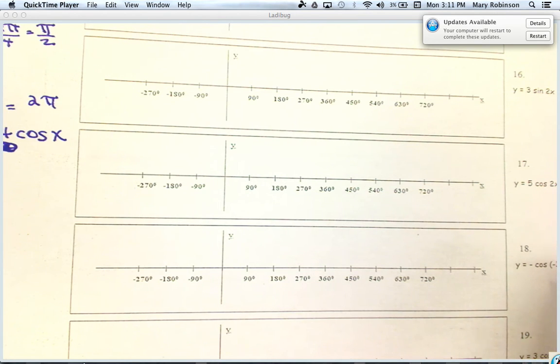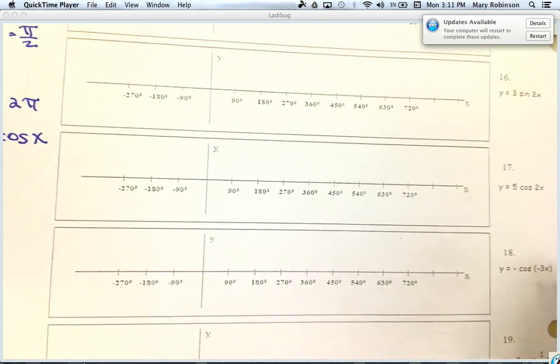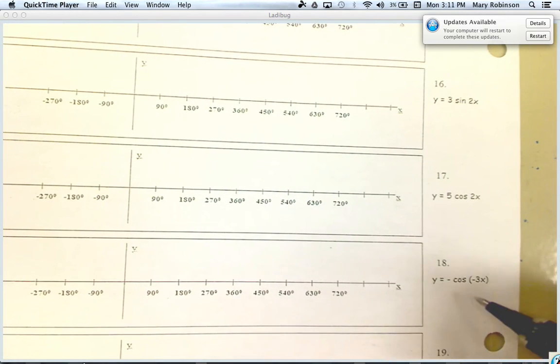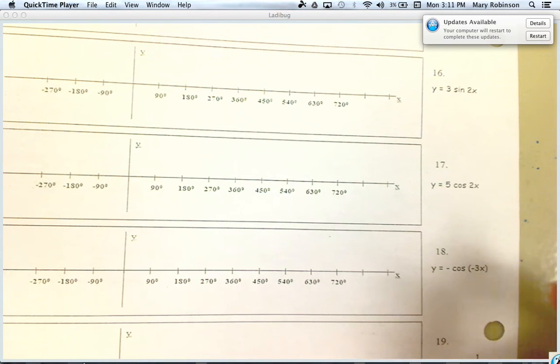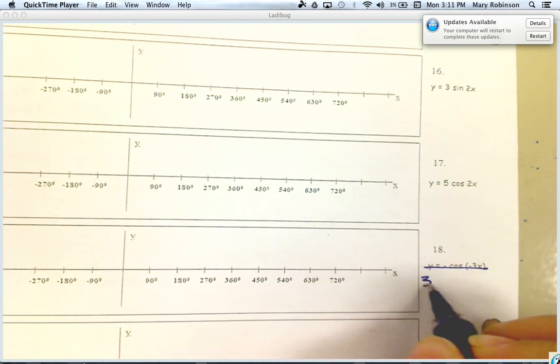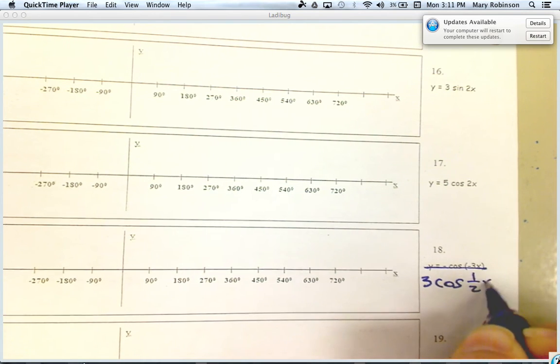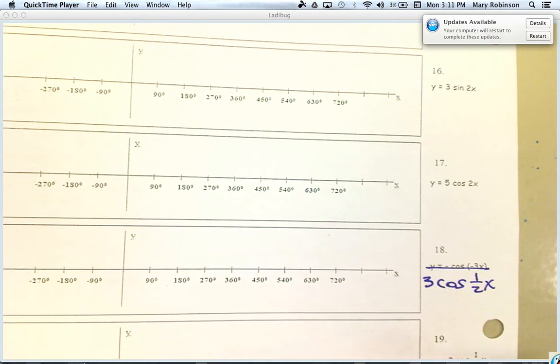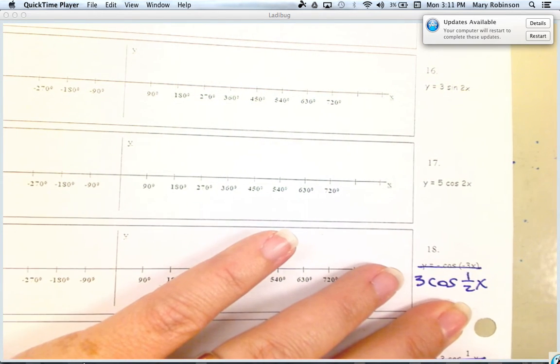That one's off. This is actually, I've got the functions typed in here backward. So for 18, if you look at 18 on the other sheet, it's really 3 cosine 1/2 x. And then on 19, it just needs to be switched. Y equals negative cosine of negative 3x.